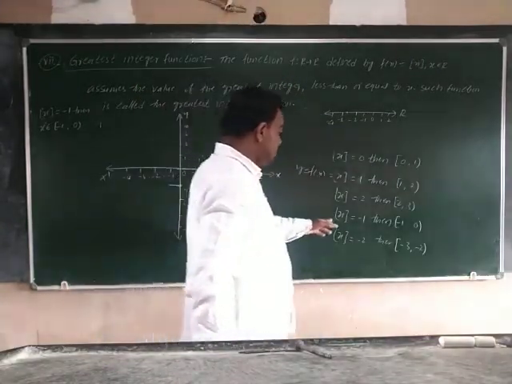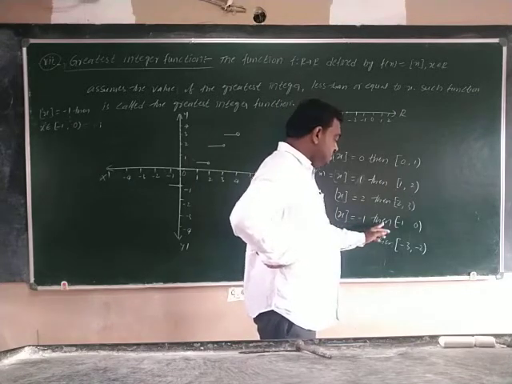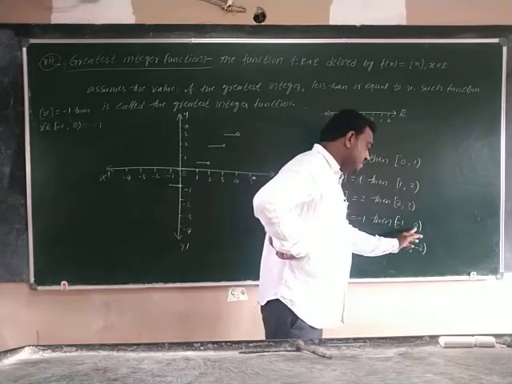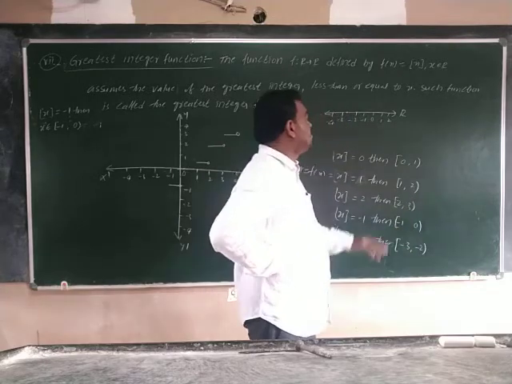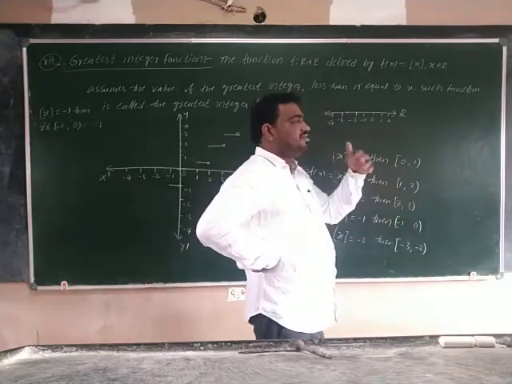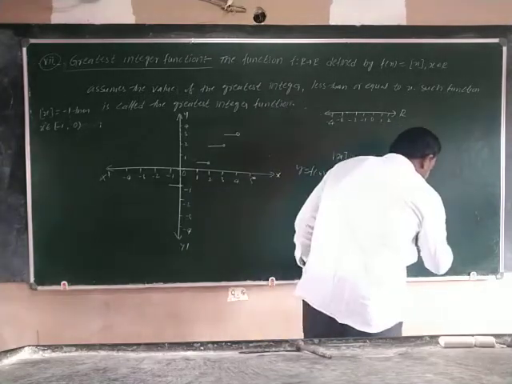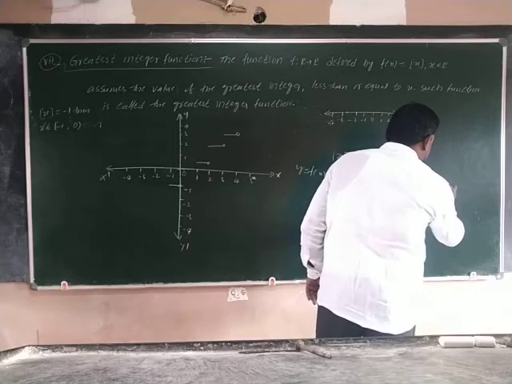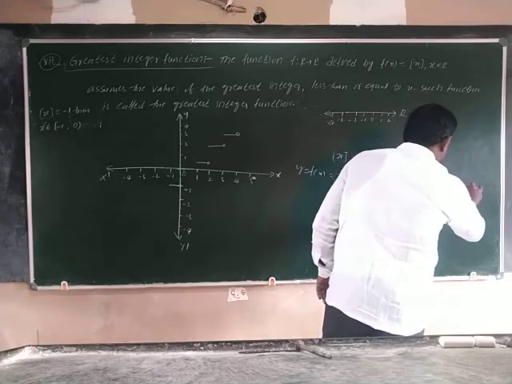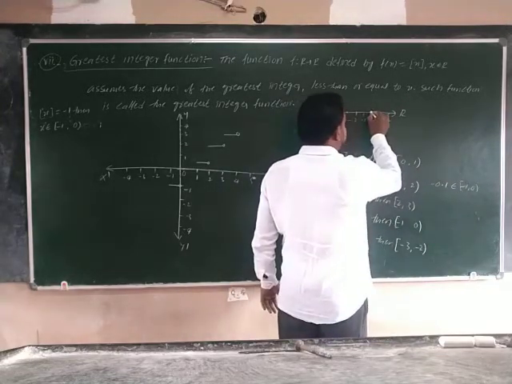Once you see this correction, x is equal to -1 means x belongs to -1 to 0. For example, -0.001 is right between in this interval. So -0.001 belongs to -1, 0.